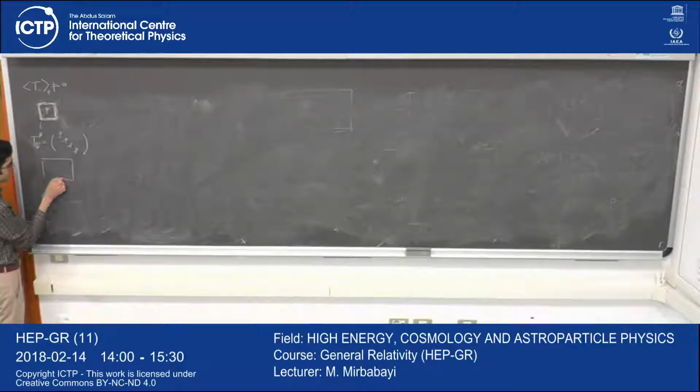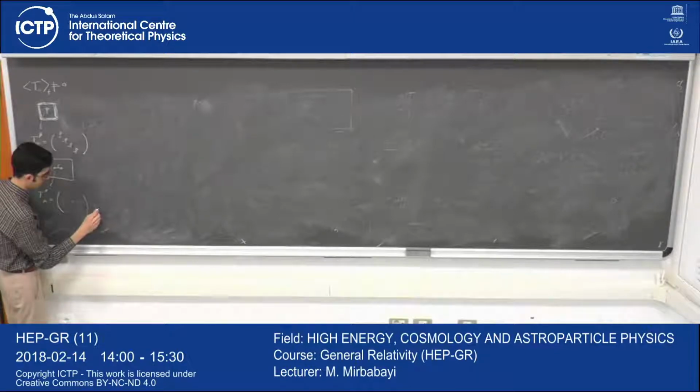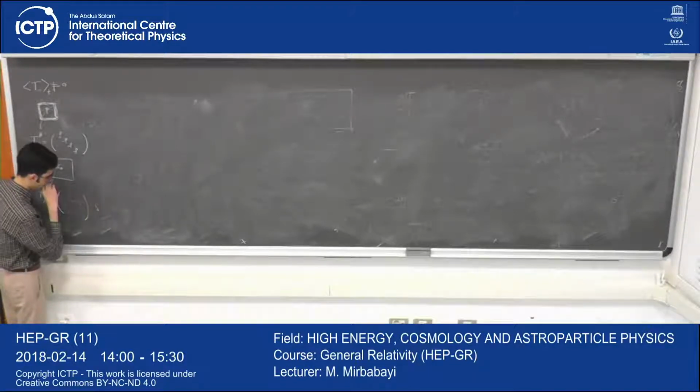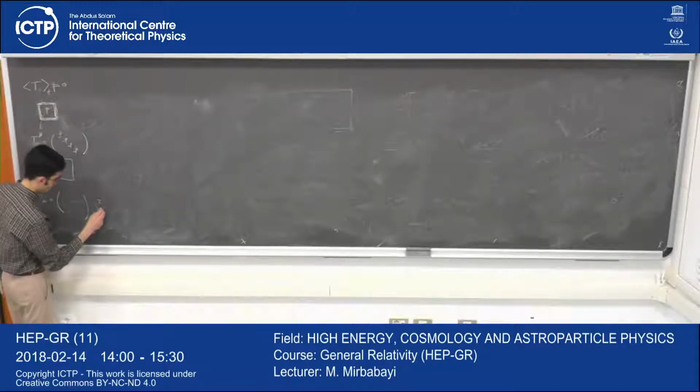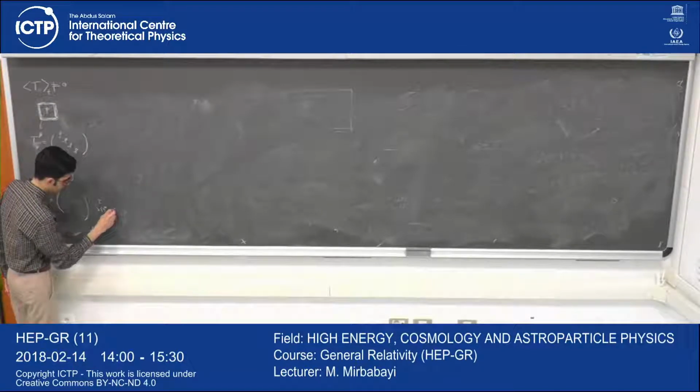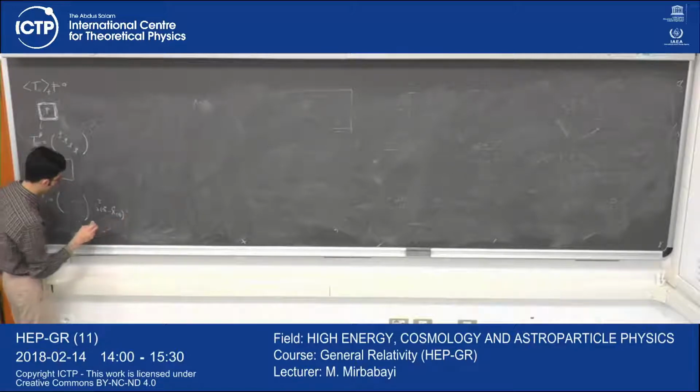Similarly, in our photon in the box example, if I go to the middle of the box and look at the T^μν of this photon, the zero component will be proportional to delta 3 of x minus x of t, as usual.